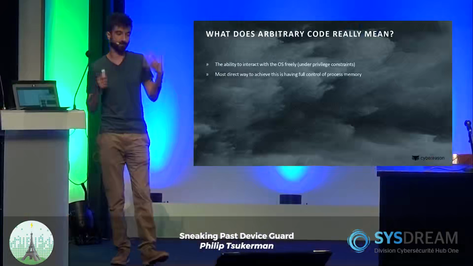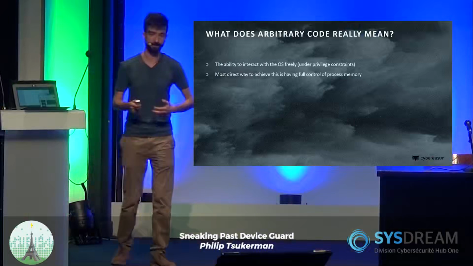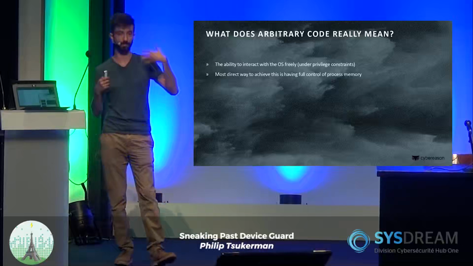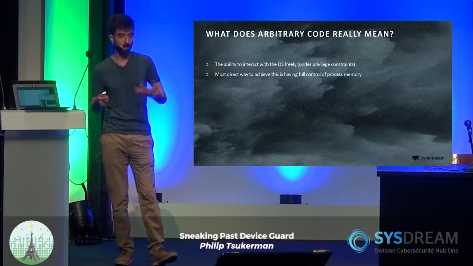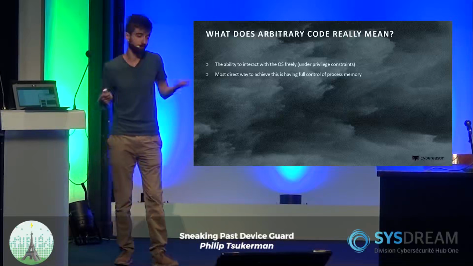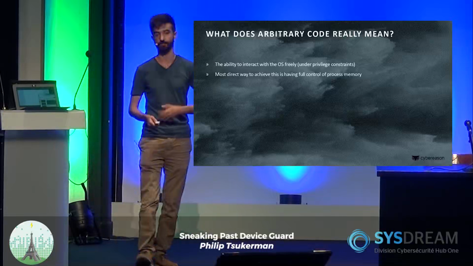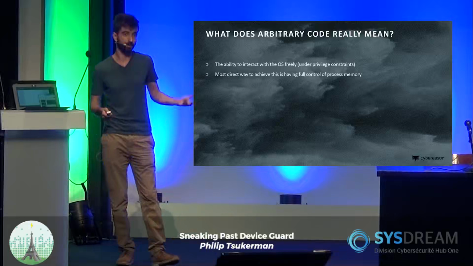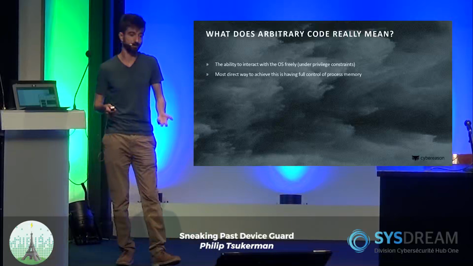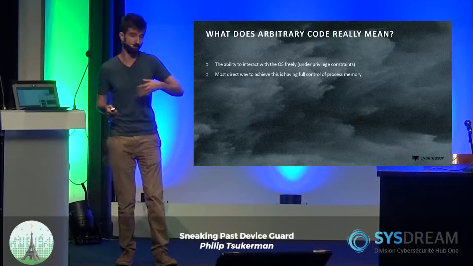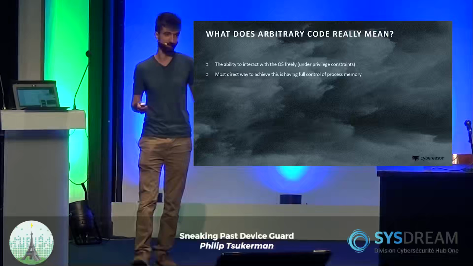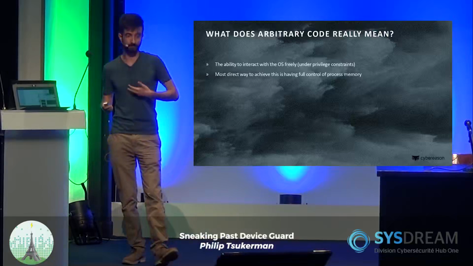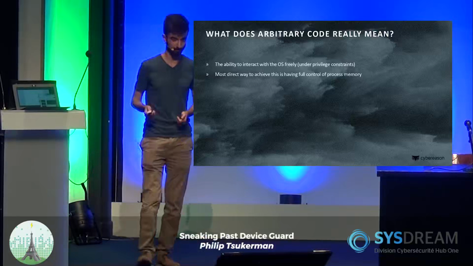So what does arbitrary code execution mean, at least in our context? For me, it will be to be able to interact freely with the OS, which is mostly accomplished by just having full control of a process. And this means that I can try to ask the OS to do anything. I could get an access denied, you don't have enough privileges answer, but still I need to be able to ask the question, at least for me, for it to count as arbitrary code execution.